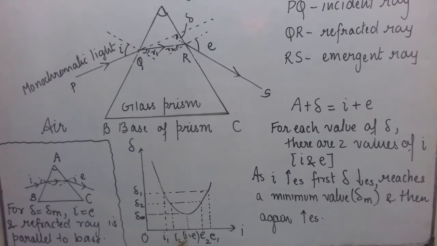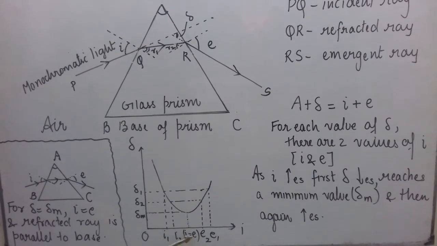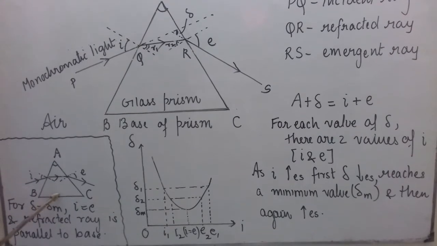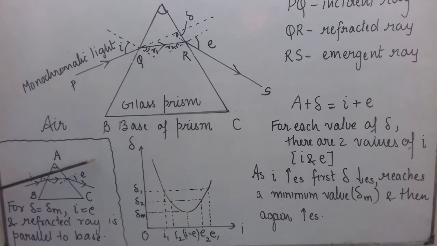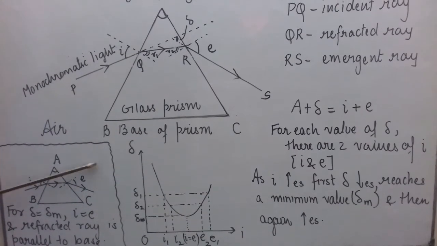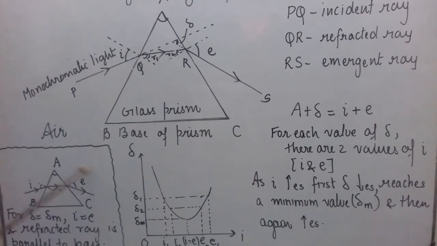Here I have not shown delta M. You can produce the incident ray and the emergent ray, and the angle between the produced incident and emergent ray will be delta M in this case.